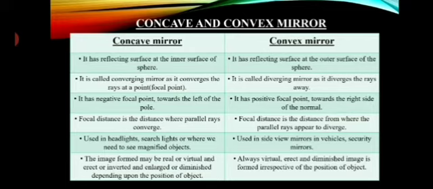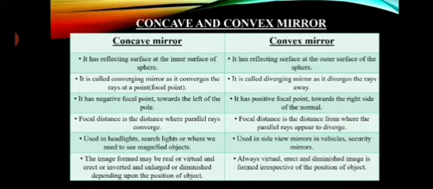The image formed in the concave mirror may be real or virtual, erect or inverted, and enlarged or diminished, depending upon the position of the object. We'll discuss this further: the image formed by the concave mirror depends upon the position of the object placed in front of the mirror.